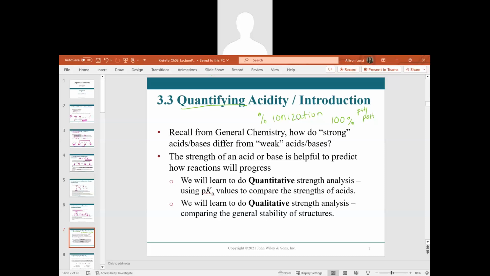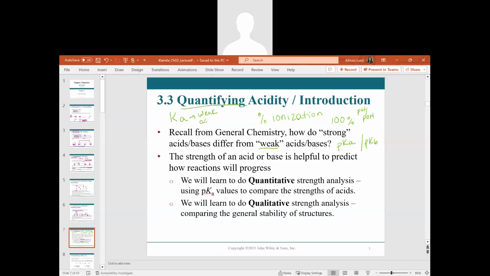Then when we had weak acids or bases, we knew that they did not dissociate or ionize 100%. So we assigned those values on a different scale called the pKa or pKb scale for bases, based on a value called Ka, which we'll review is the weak acid dissociation constant.